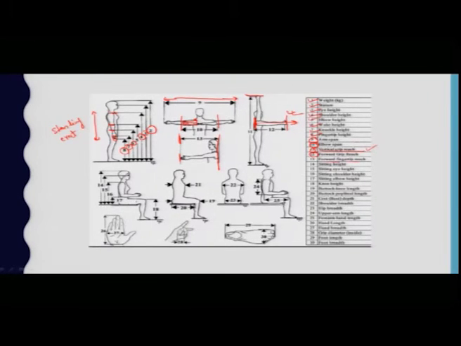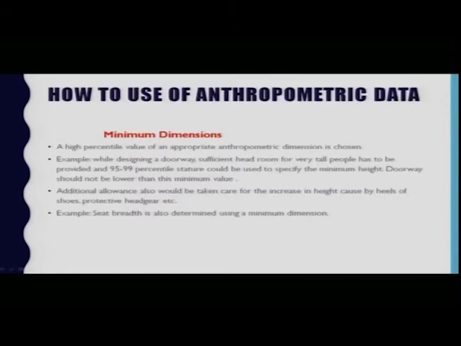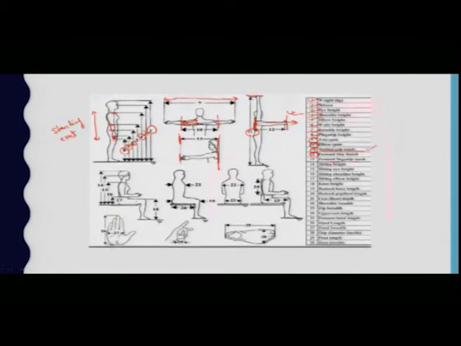vertical grip reach. So we will describe the vertical grip reach. In fact, this 11th point is the vertical grip reach. So this is the vertical distance from the floor itself to the topmost point in the stretching condition of your hand.